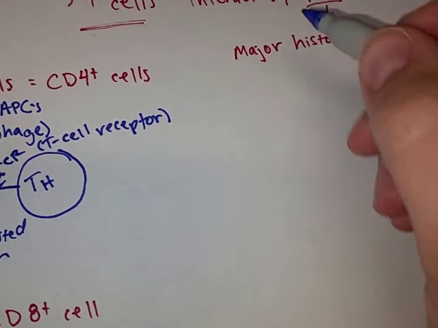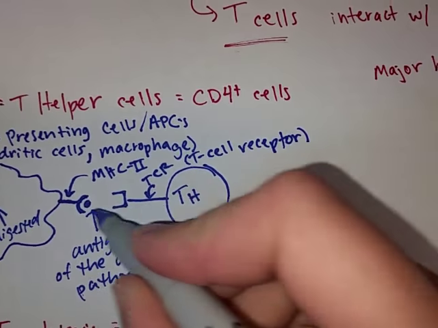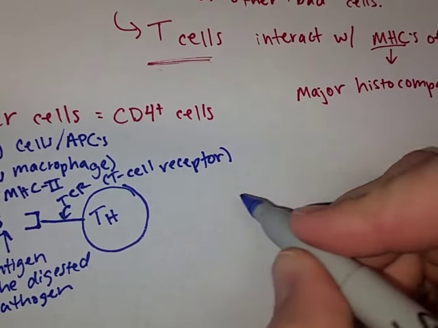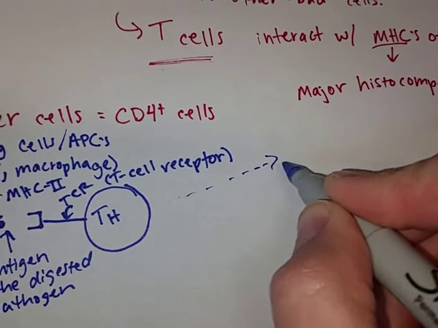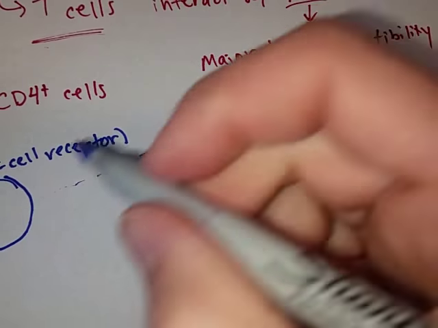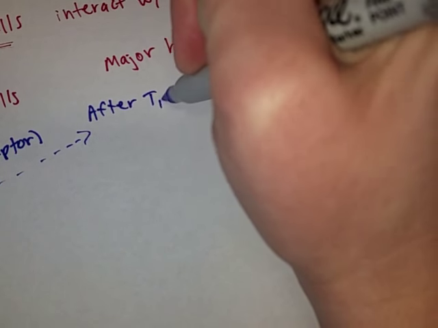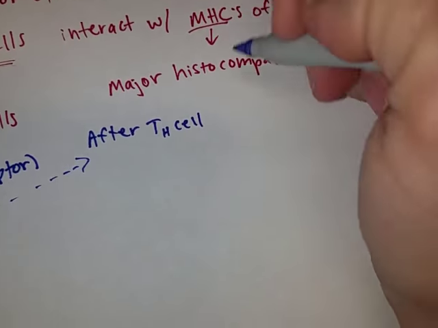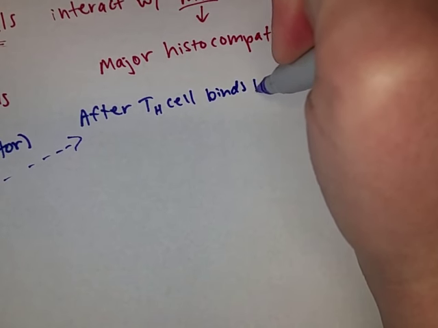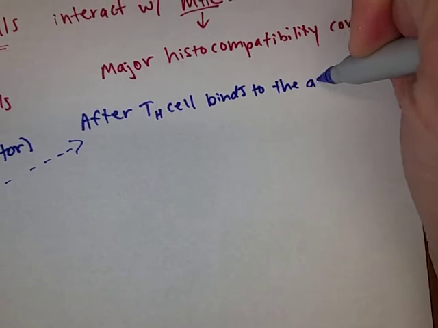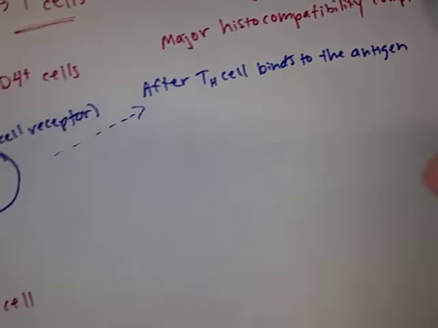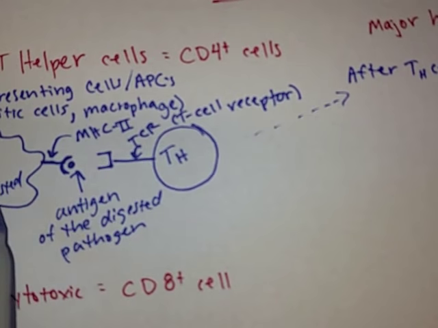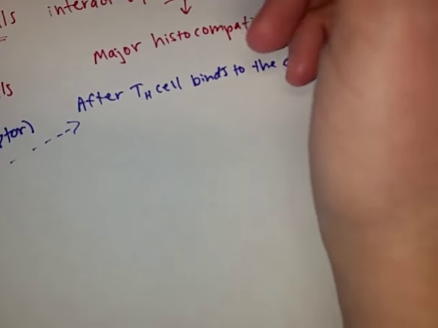So what happens after this T helper cell becomes activated is it's going to have a few different responses. We'll put them over here. So after the T cell binds to the antigen, remember that antigen is being presented by the antigen presenting cell through its MHC2, you're going to get macrophages that become activated.